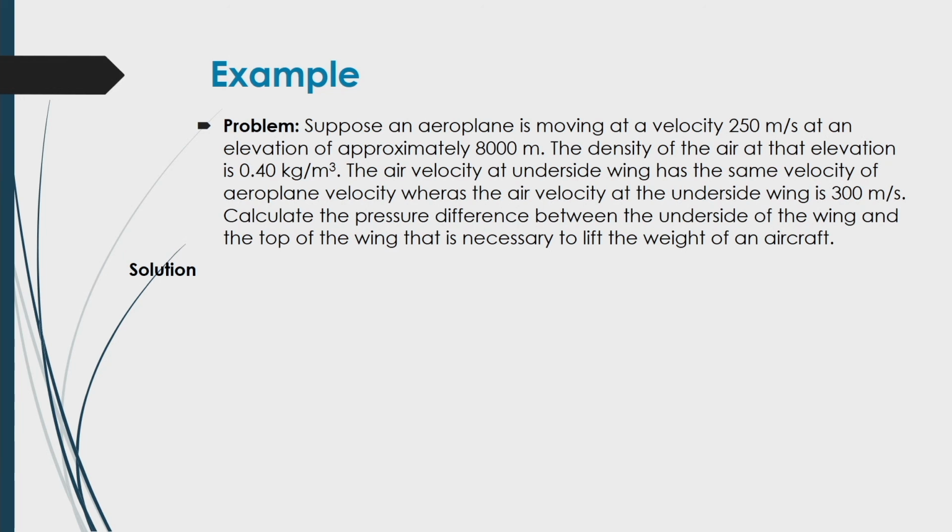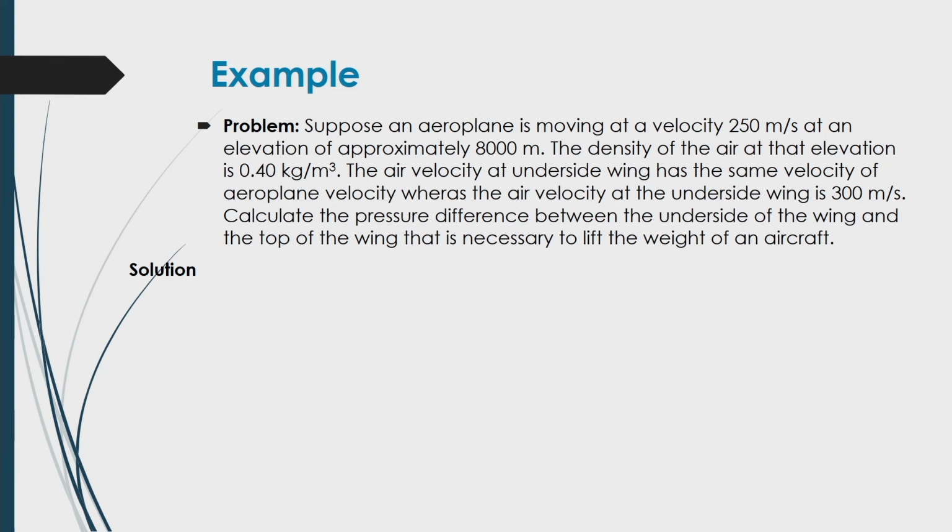Now the density of the air at that elevation is considered as 0.4 kg per meter cube. The air velocity at the underside of the wing of that aeroplane is the same as the aeroplane velocity, whereas the air velocity at the top side of the wing is 300 meter per second.